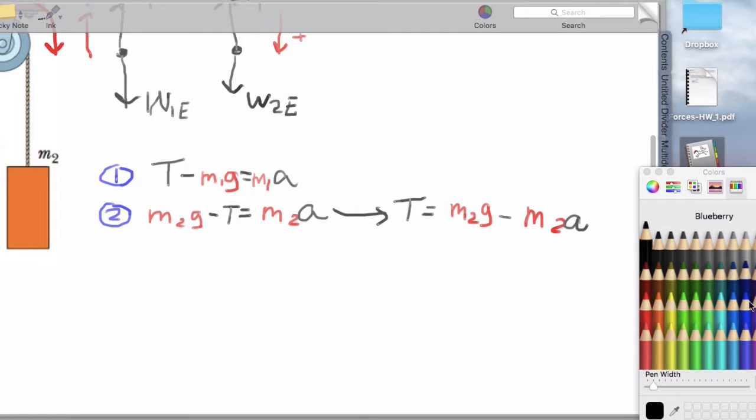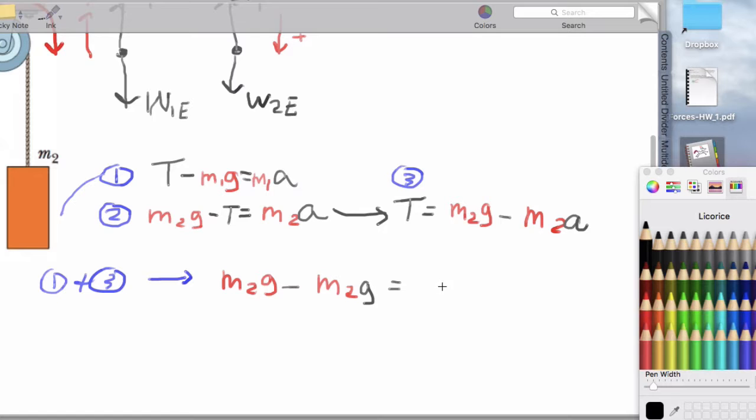And I'll call this equation 3. So what I'm going to do now is I'm going to combine equation 1 and 3. So when I actually do that, I will end up getting here M2G minus M2A equals M1 times A. And actually, let me be a little bit more careful.